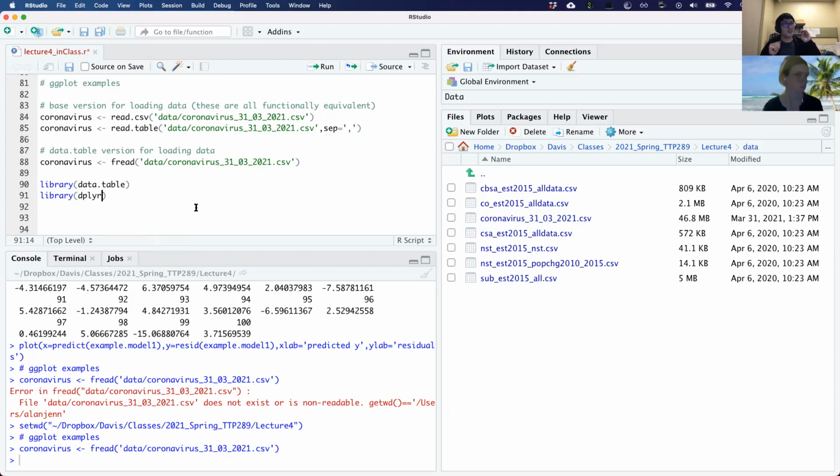It's just that different people use data table versus dplyr. And dplyr is actually, I think, a lot more popular because it's part of this larger set of packages that a lot of data scientists use called tidyverse.